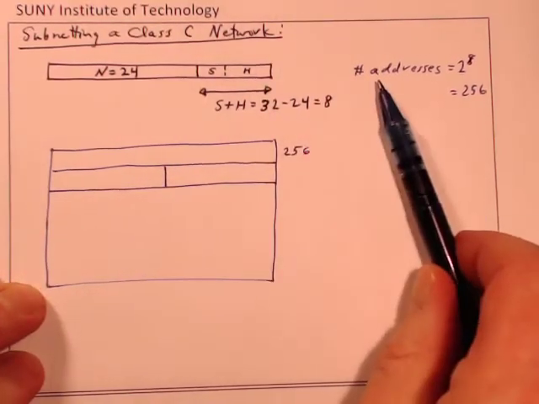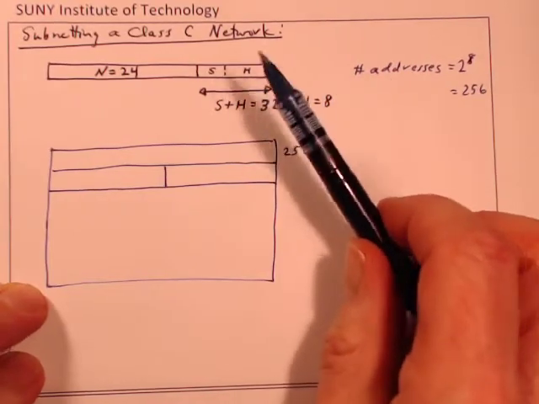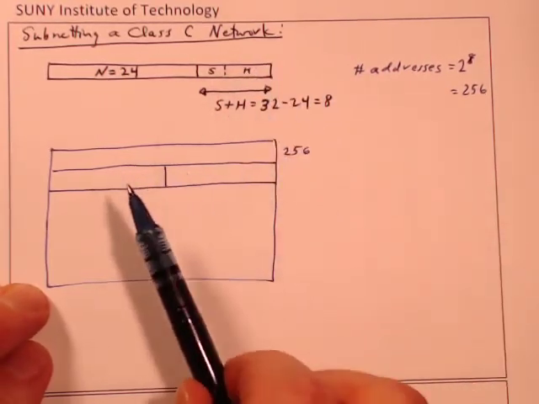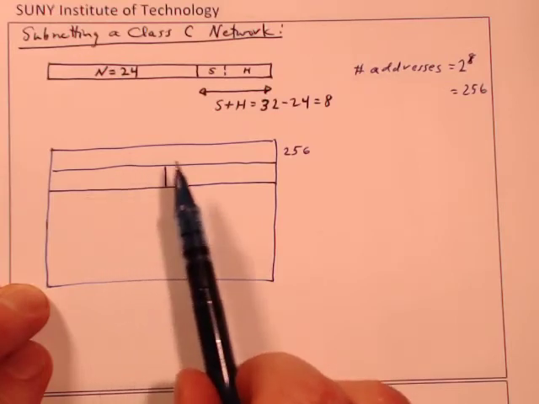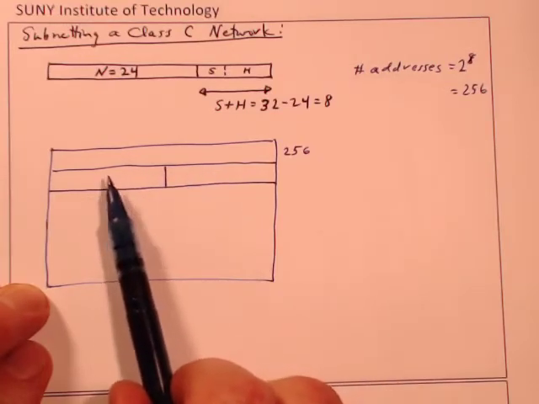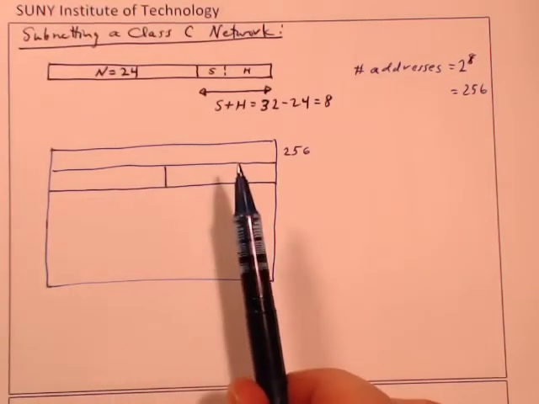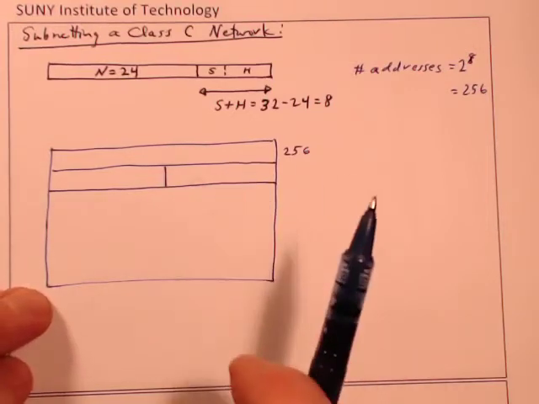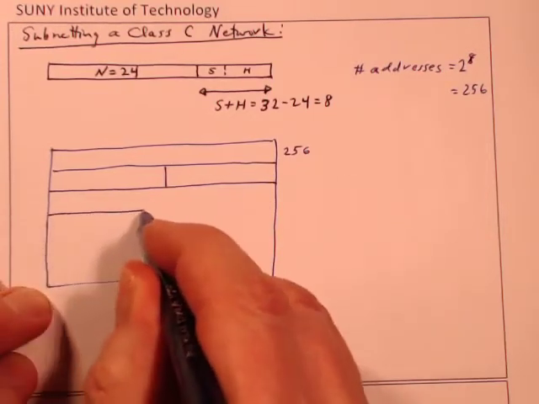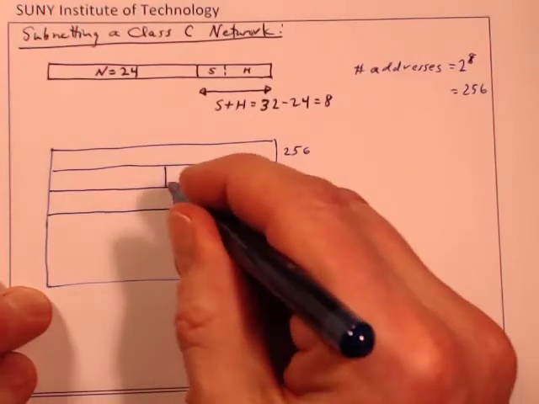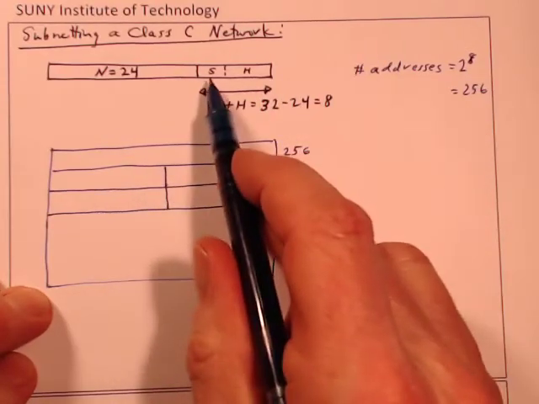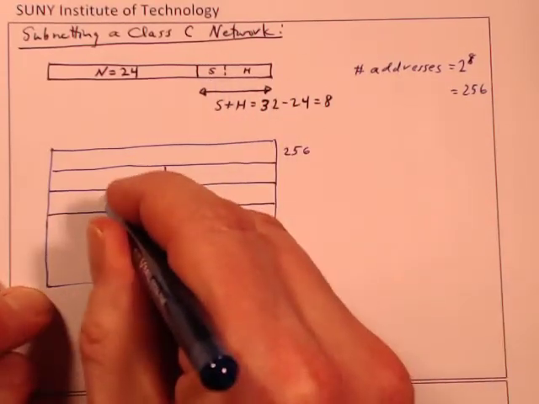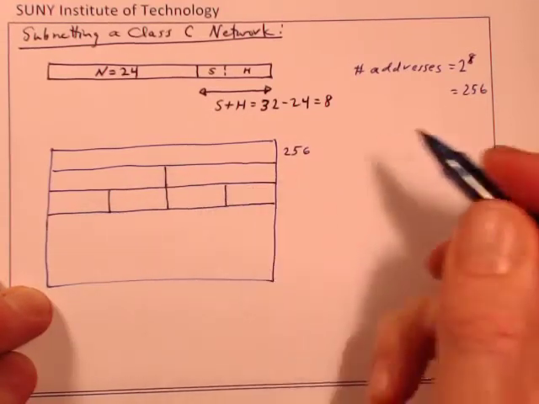And I can use 1 bit, that is S equals 1, to distinguish between the left side and the right side. That bit could be either 0 or a 1. Okay? If I take S equal to 2, then I've got 2 bits for my subnets, and I've got 4 of them, 2 squared.